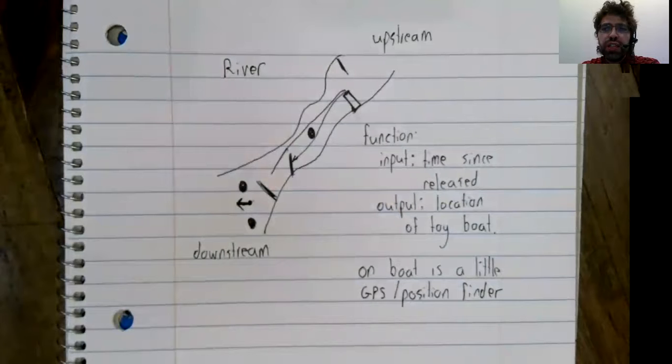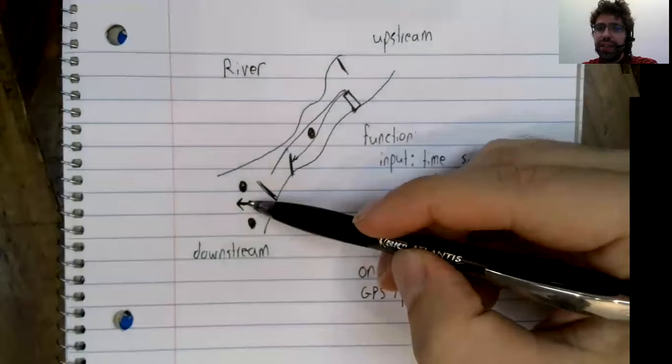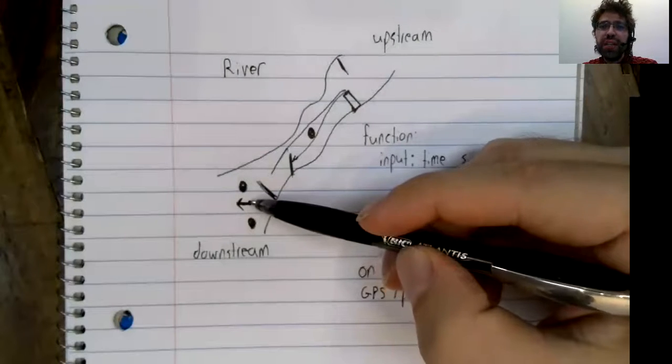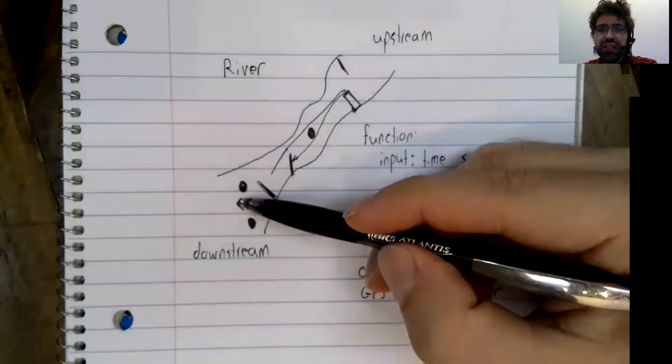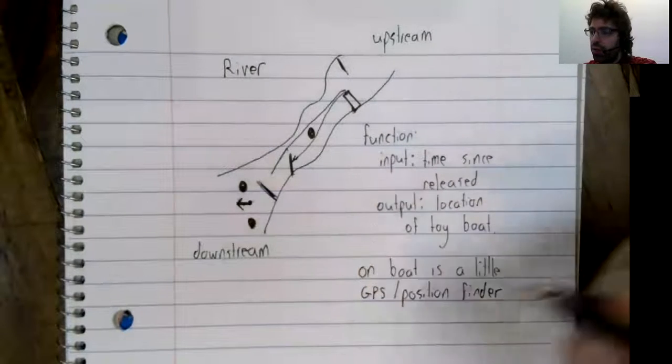Then surely in the short term, you have some idea of where the boat is going to be. Like you can say that in a second, the boat should be somewhere around here.